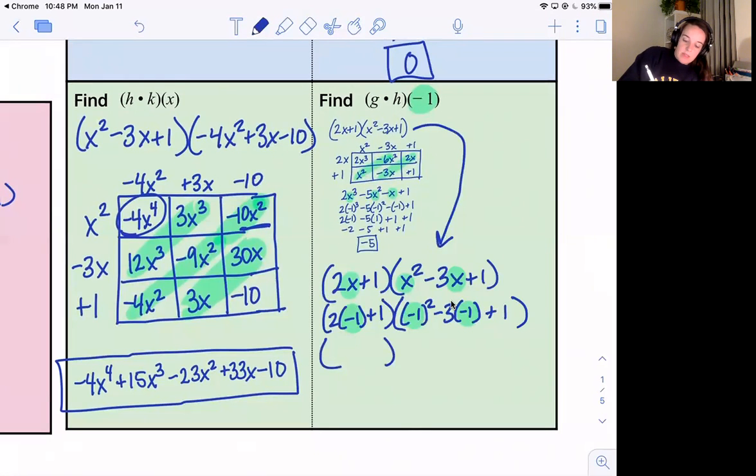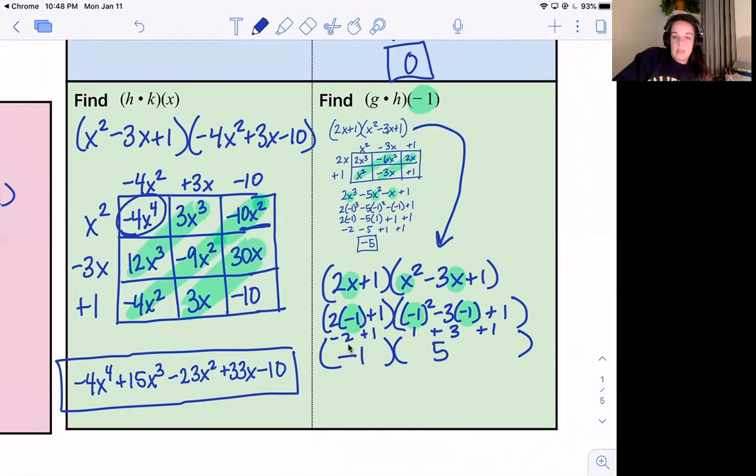I know this is something times something. I need to figure out what those two somethings are. So 2 times -1 would be -2 plus 1 would be -1. And then I have -1 squared would be 1 plus 3 plus 1. 1 plus 3 plus 1 is 5.